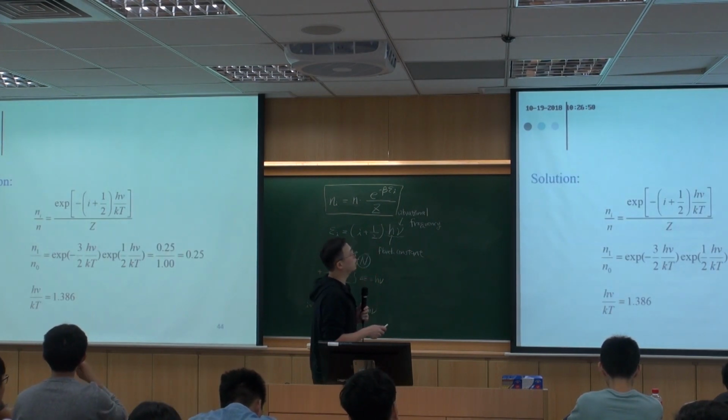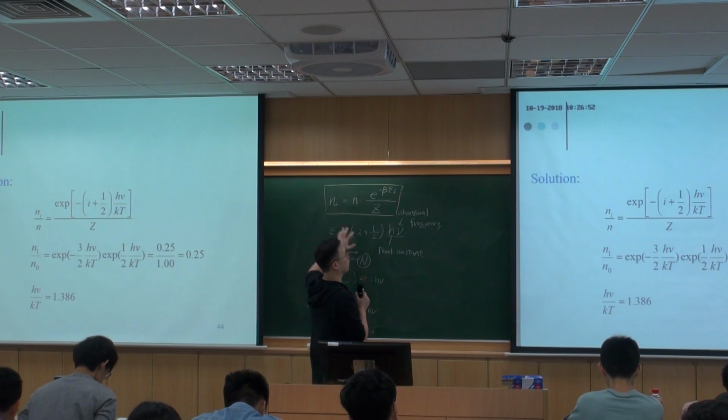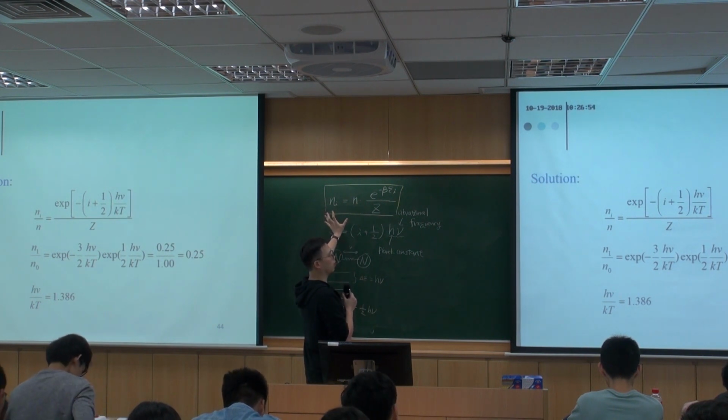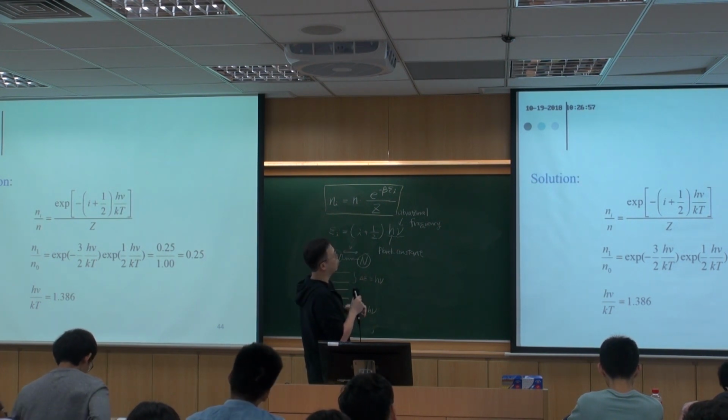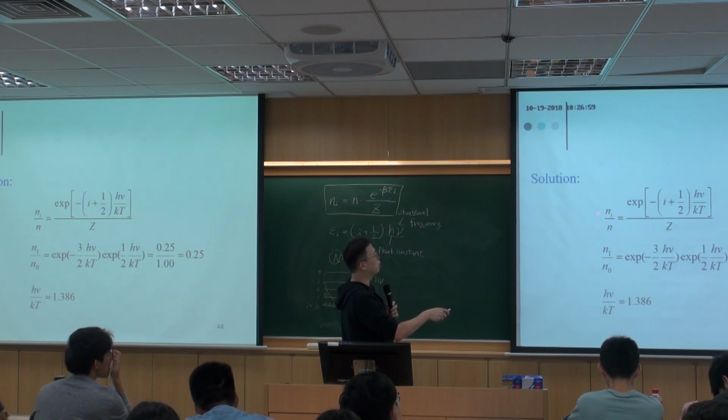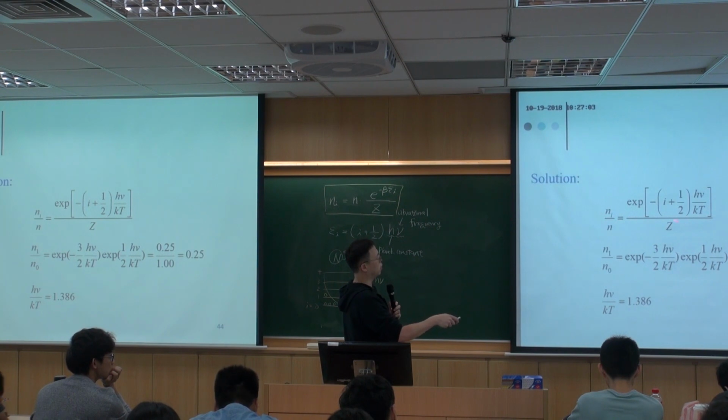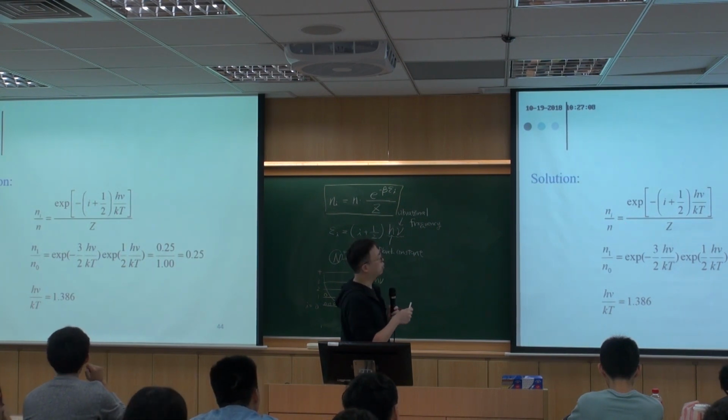And we know that from the definition, or from the result that we derived earlier, for each energy level, Ni over N is related to the probability of the particle showing up at that energy level.